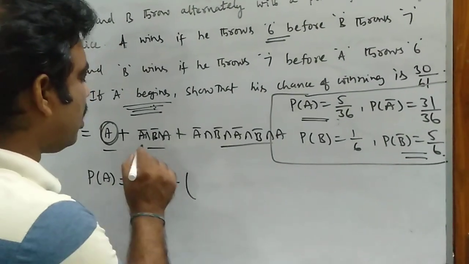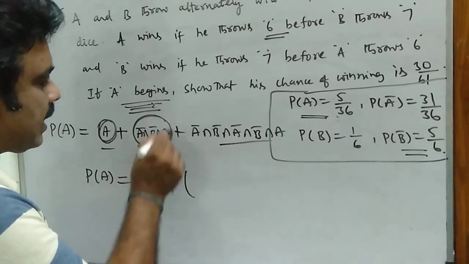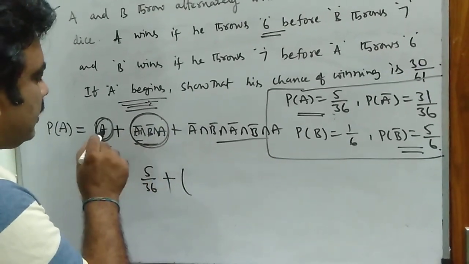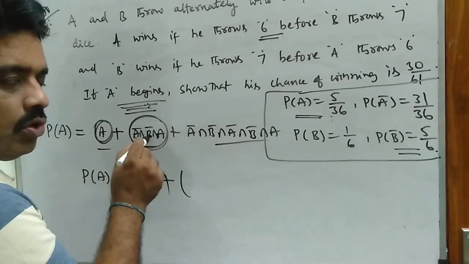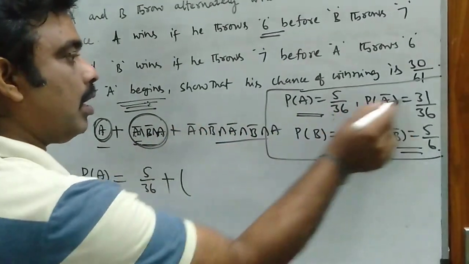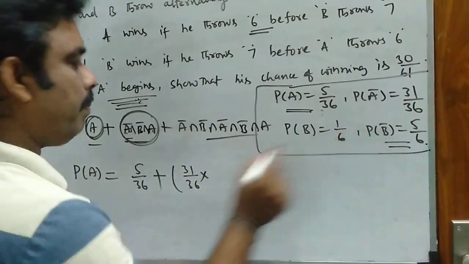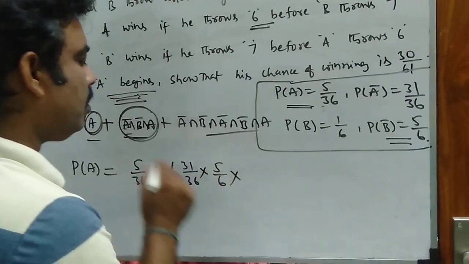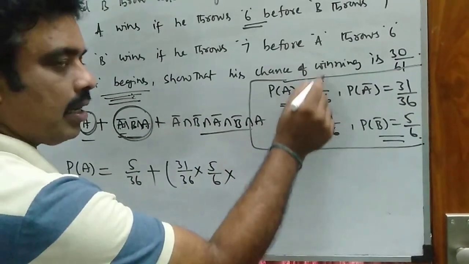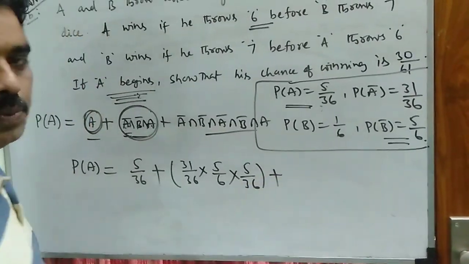In the second case, A should not throw 6 and B should not throw 7, then A has to throw 6. So A bar, the probability of A bar is 31 by 36, and B complement is 5 by 6, then A has to throw 6, the probability is 5 by 36. That is the second case probability.